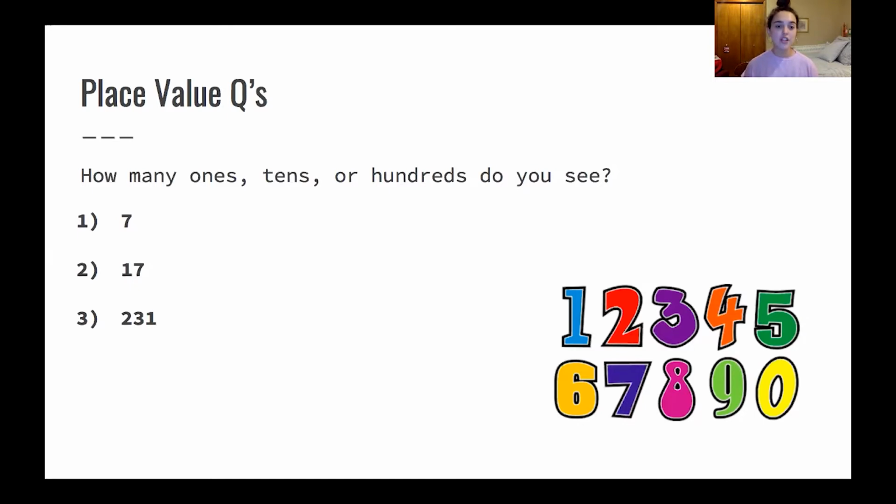So go ahead and look at the first number, 7. Tell me if you see ones, tens, or hundreds. Okay, so for 7, when you have a single digit like this, these are ones. 7 is not enough to make a group of tens, so we are not in the tens yet.